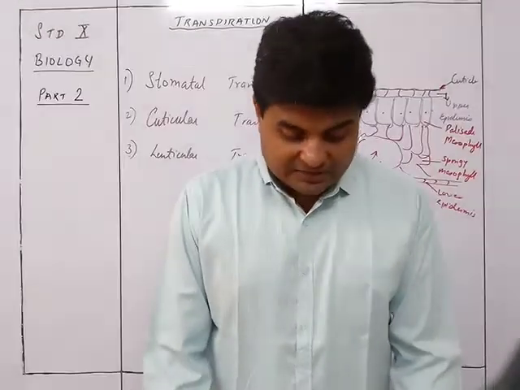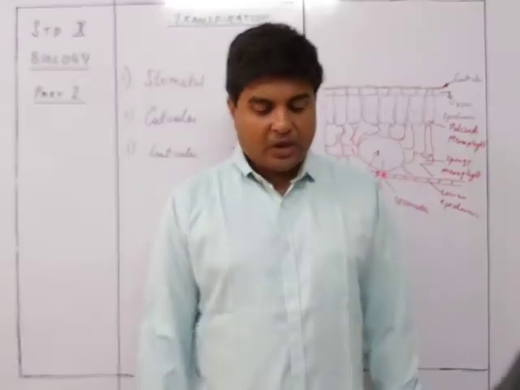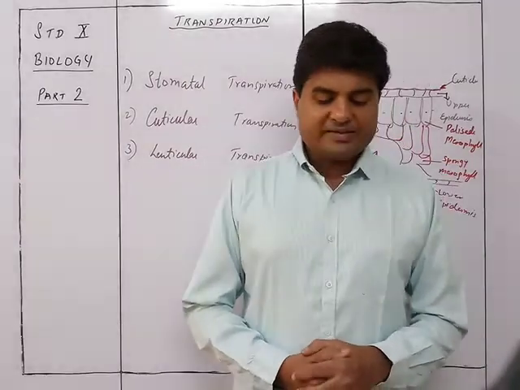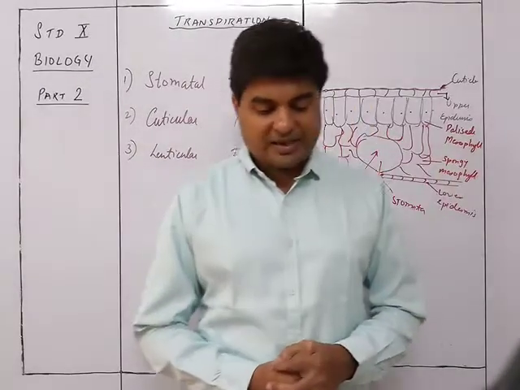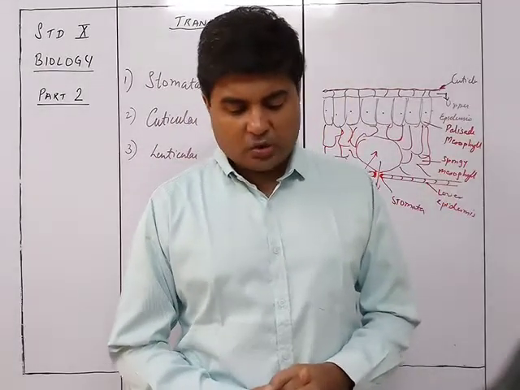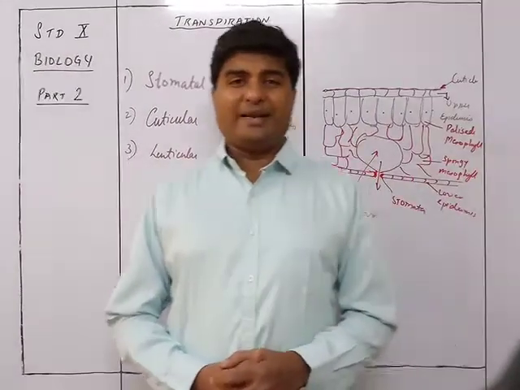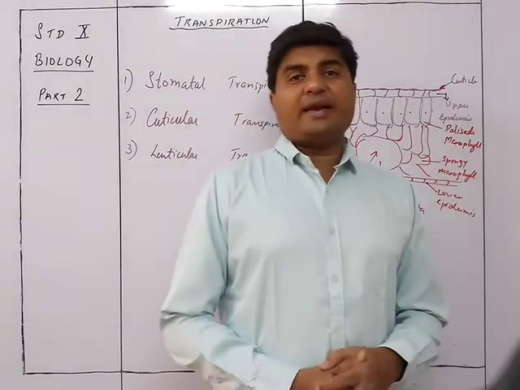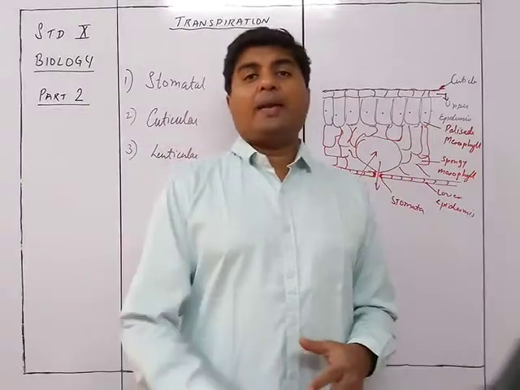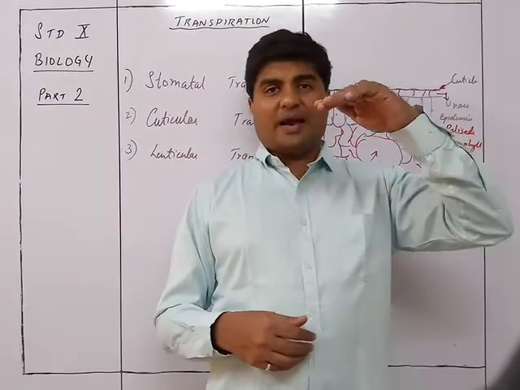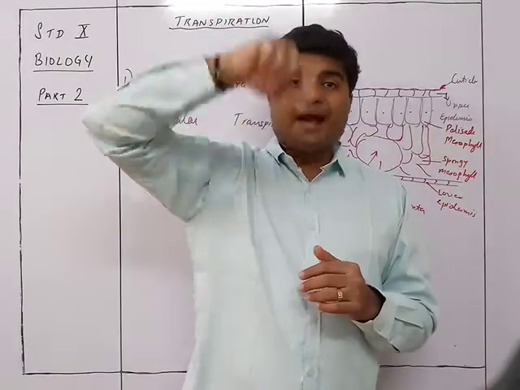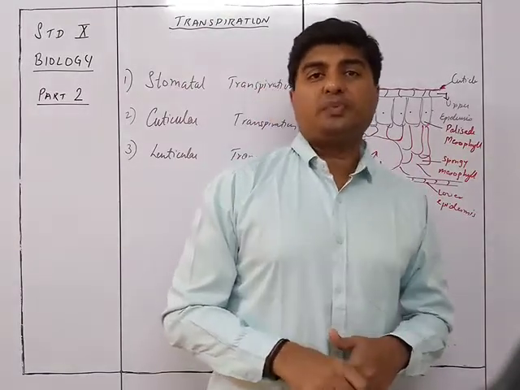Thousands of leaf cells evaporate water in this way, causing more of the water to be pulled from below via the xylem vessels. The transpiration pull thus created can draw up water to about 50 meters or more in tall trees. So we had studied in absorption that root pressure can pull the water only to a certain height, and then it requires another pressure so that it could go up, and that pressure we said is the transpirational pull.